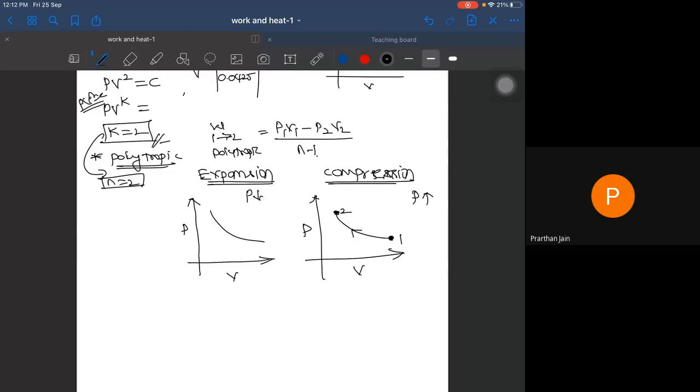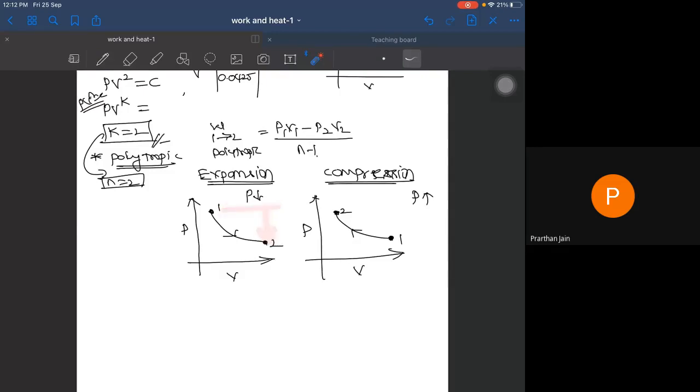Okay, pressure drops in an expansion process. That means you have to form a state 1 and state 2 in such a way that pressure drops. So this will be your state 1 and here will be your state 2, so that the pressure gets dropped from state 1 to state 2 like this.